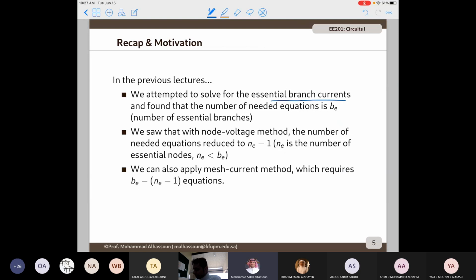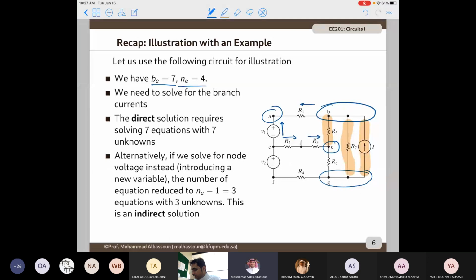Going back to the issue that we faced, if we want to solve it in a direct way, then we need to apply KCL and KVL.